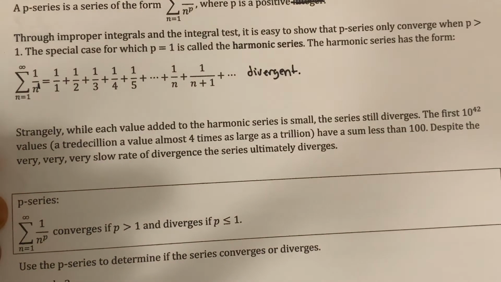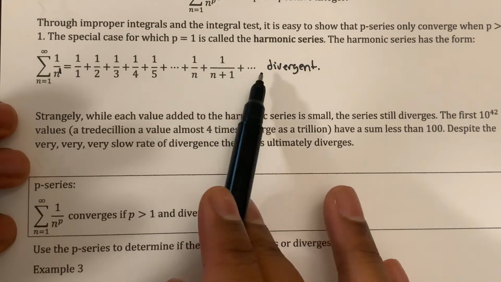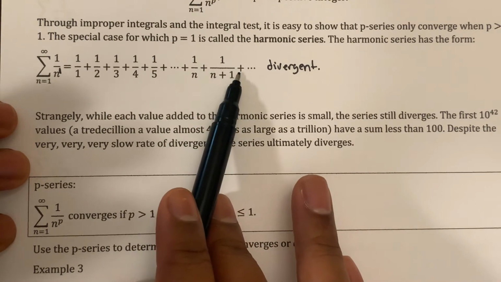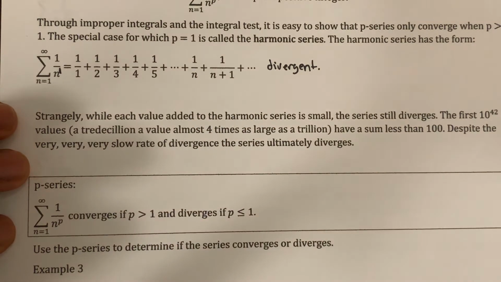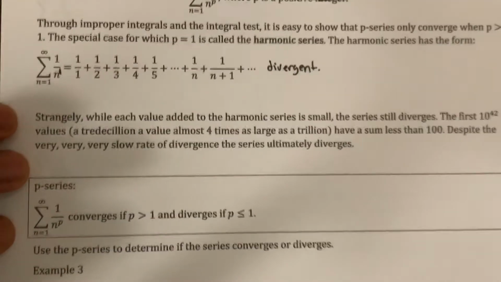And it goes against a lot of what we think, because as you continue to add values to the sequence, each value is smaller. So it would seem that this series has an upper bound.